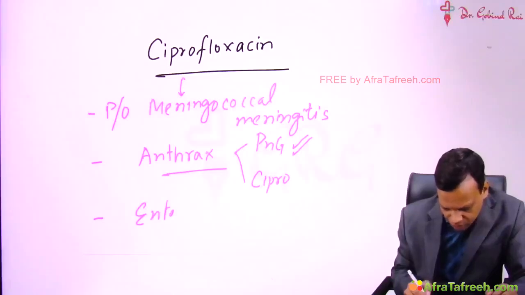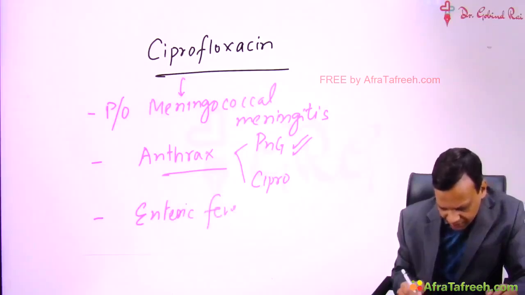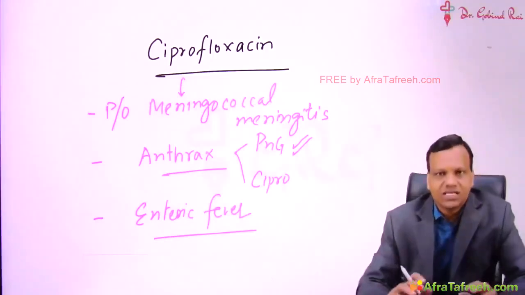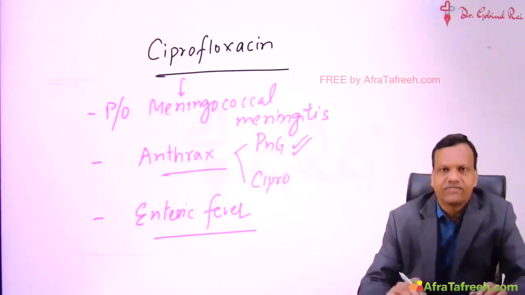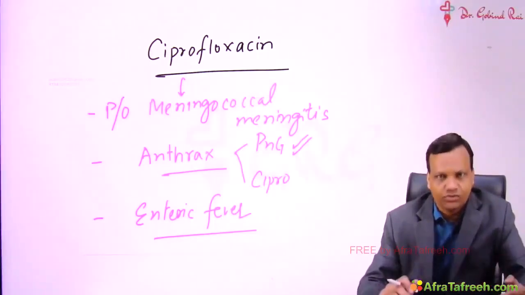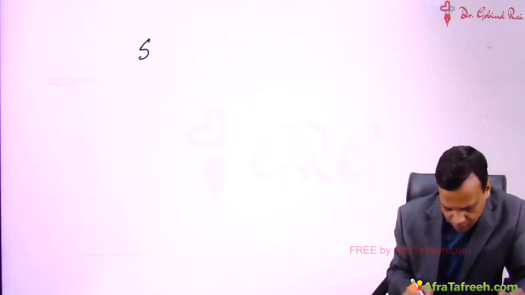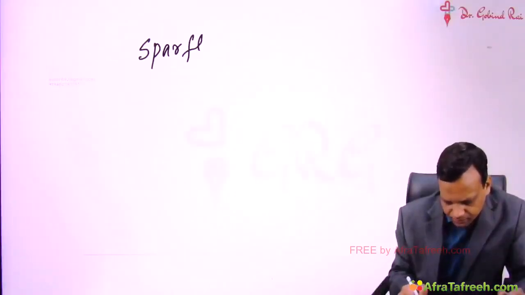Third important use of ciprofloxacin is enteric fever. Ciprofloxacin is a first line drug in enteric fever also, but nowadays more commonly used are third generation cephalosporins like ceftriaxone. Clear?